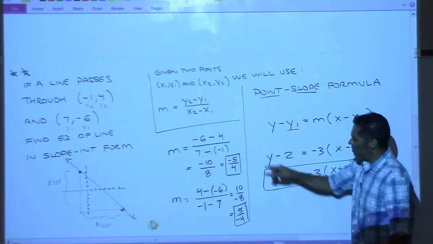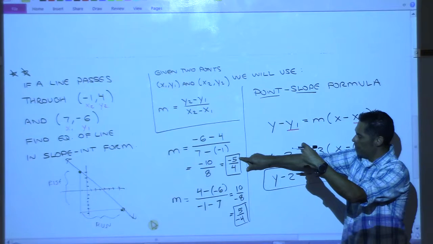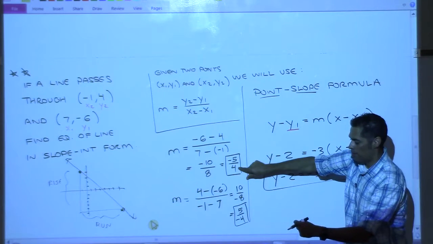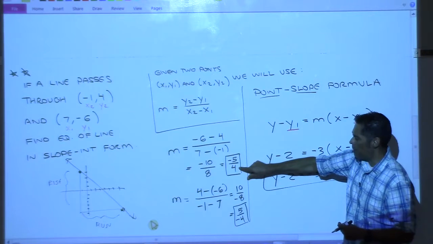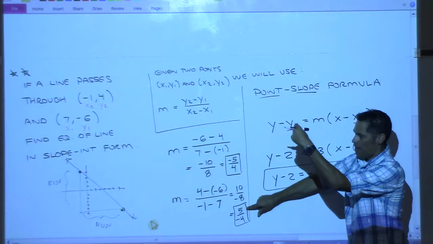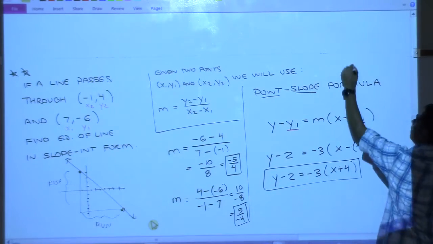This person is going to start at a point and then go which way? Down 5 and then to the right 4. The other person is going to start at that point and go up 5, left 4, and those both lay on the same line.